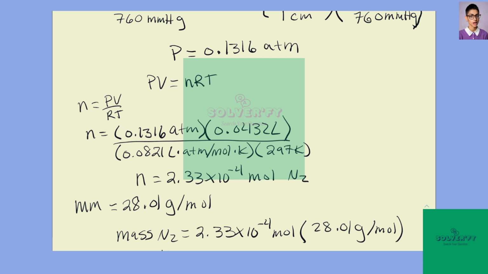So our nitrogen mass is equal to 6.53 times 10 to the negative third grams. So this is the amount of nitrogen that was introduced into our barometer.